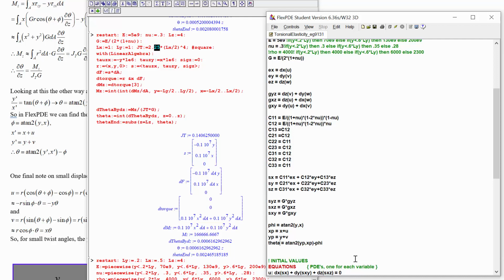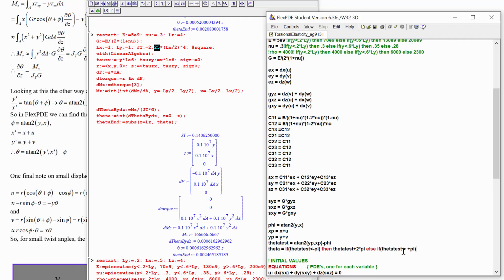So let's say theta test is equal to this thing, and we'll say that actual theta is equal to, if theta test is less than negative pi, then theta test plus 2 times pi, else if theta test is greater than positive pi, then it means that we went the other way, right?